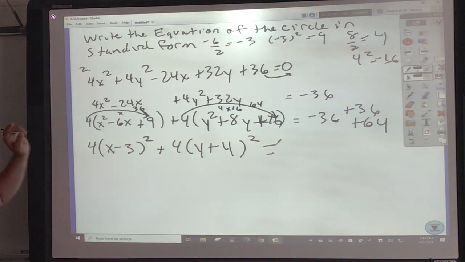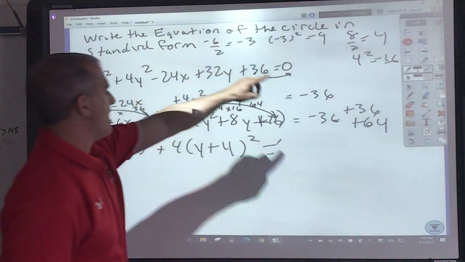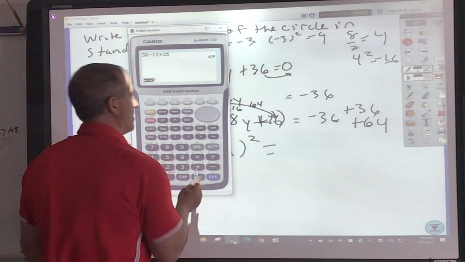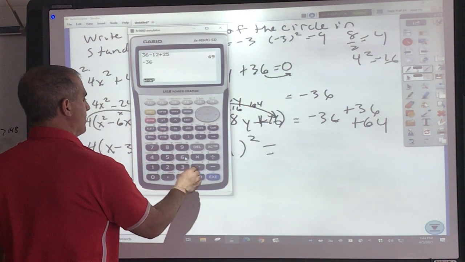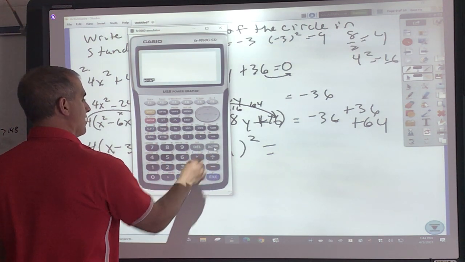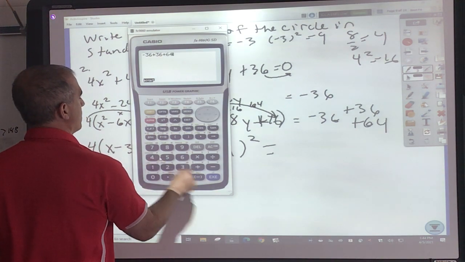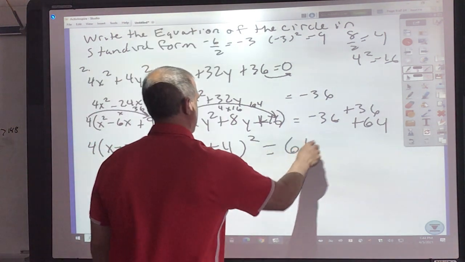That's probably the thing that most people make their mistake on, is they don't multiply this number and then put it over to the other side. So I got negative 36 plus 36 plus 64. Whoops, that's not right. Negative 36 plus 36 plus 64 gives me 64.